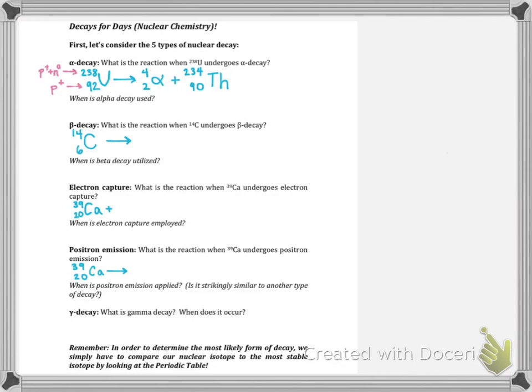So if our atomic number, which is our number of protons, sometimes referred to as Z, is greater than 83, meaning anything with more than 83 protons, it will undergo alpha decay. We can see that our uranium had 92 protons, which is greater than 83.